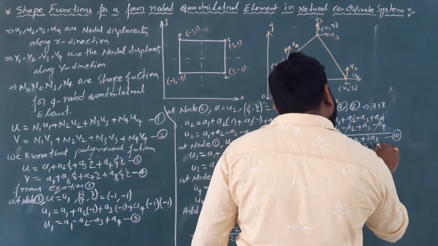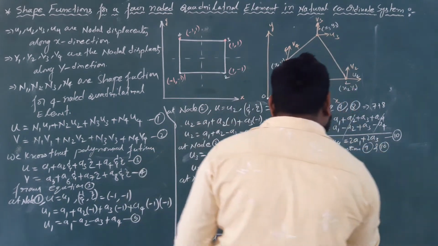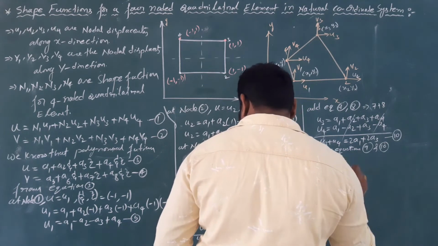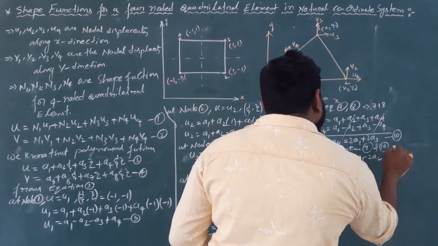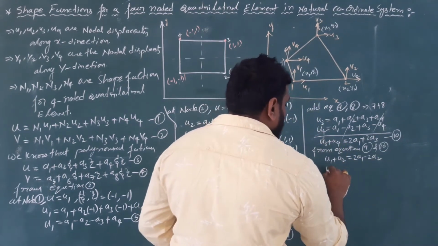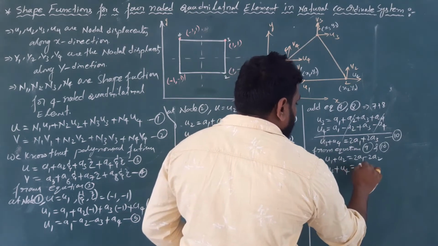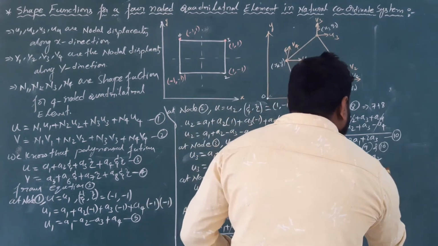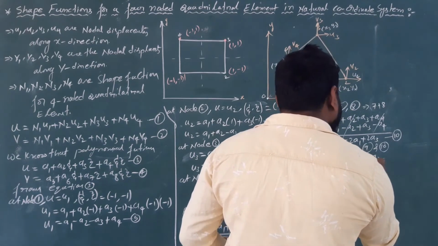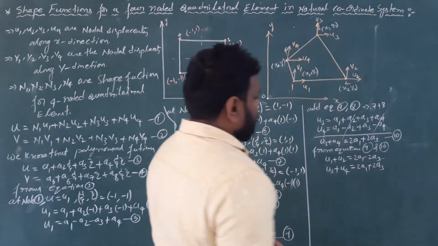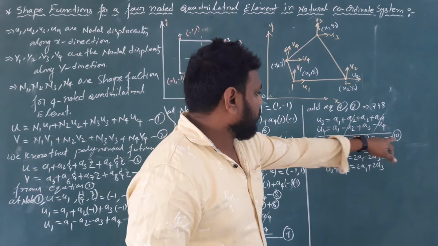From equations 9 and 10: the 9th equation is u1 plus u2 is equal to 2a1 minus 2a3. The 10th equation is u3 plus u4 is equal to 2a1 plus 2a3.